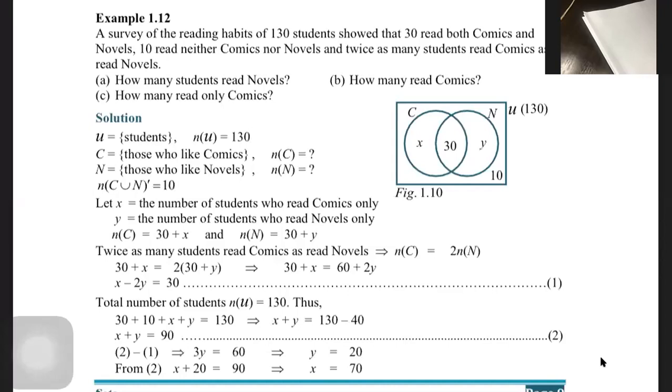And then when you come to the question, remember that they said twice as many students read comics as read novels.